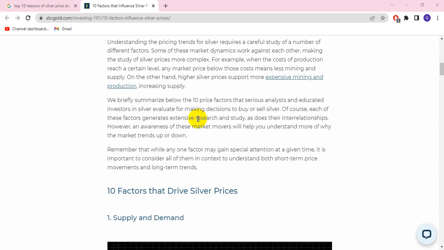However, an awareness of these market movers will help you understand more of why the market trends up or down. Remember that while any of the following factors may gain special attention at a given time, it's important to consider all of them in context to understand both short-term price movements and long-term trends.